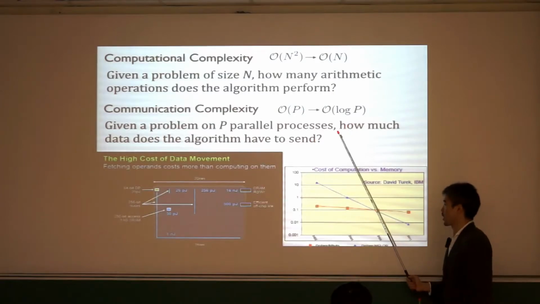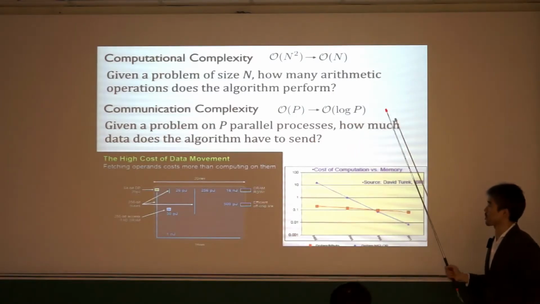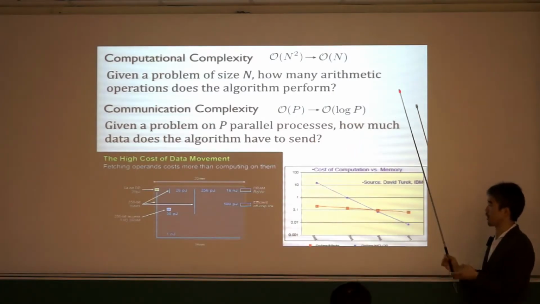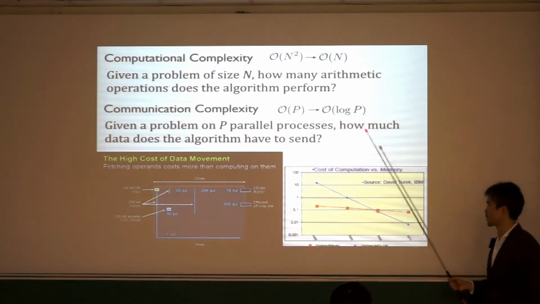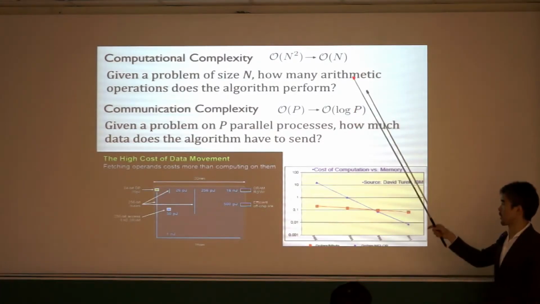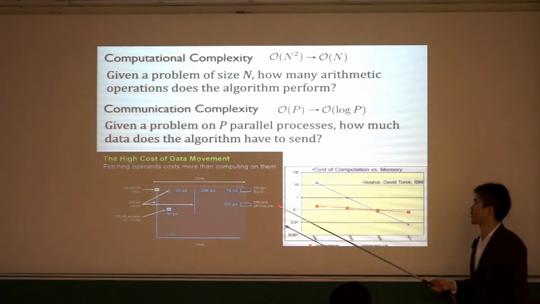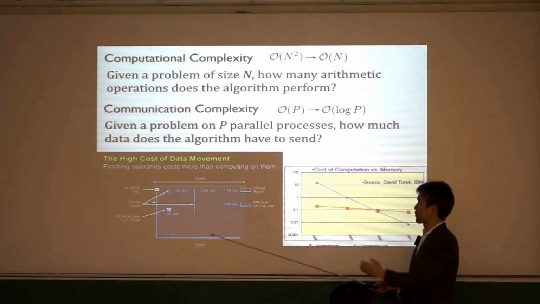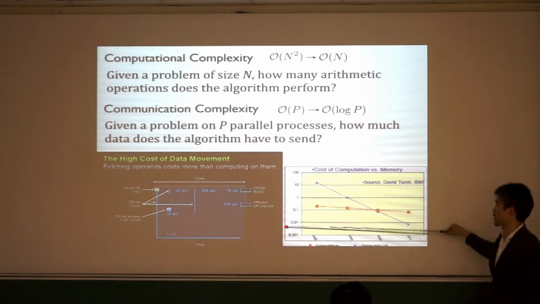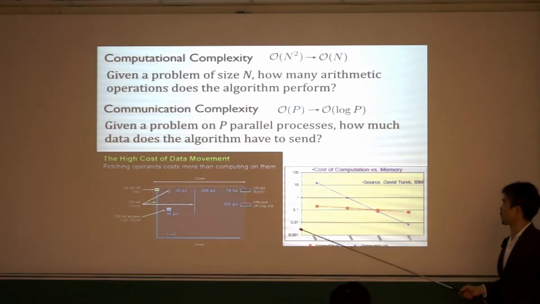There are incremental advances like Intel's OmniPath, but still there's no complete breakthrough technology that will change the slope of this line.